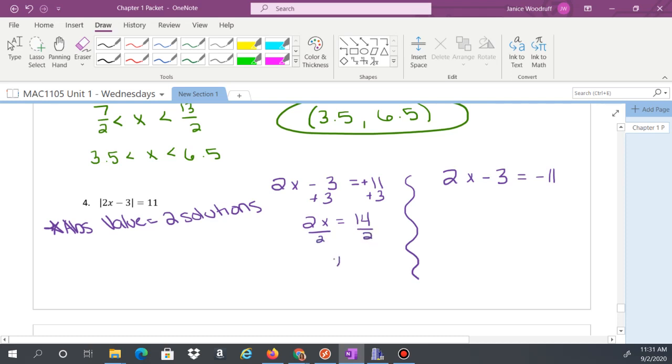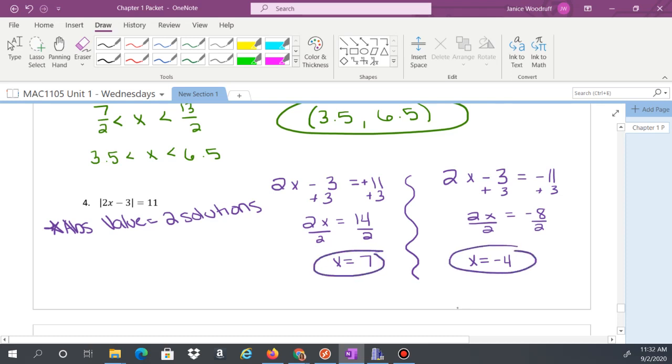Divide by 2, x equals 7. Same thing on the other side, add 3, but this time I'm going to get 2x equals negative 8. Divide by 2, I'm getting x equals negative 4. Two solutions. When you're entering them in, you would just use a comma to separate them, just like that.